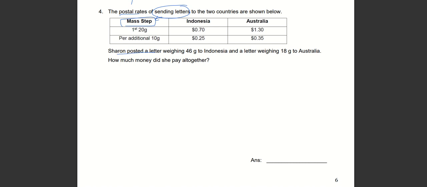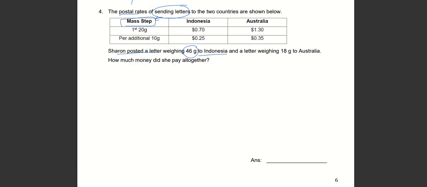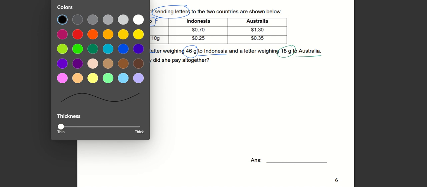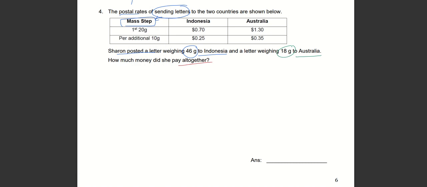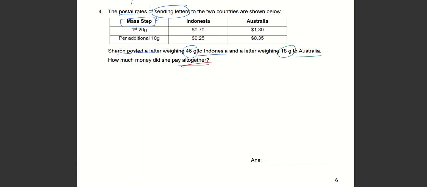Sharon posted a letter weighing 46 grams to Indonesia, and then another one that's 18 grams to Australia. And the question requires you to find out what is it altogether. So I'll deal with the question starting off with Indonesia first, then with Australia.